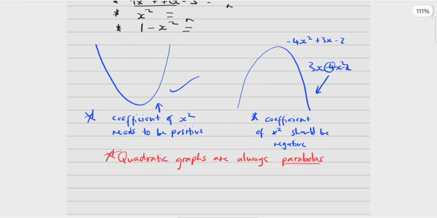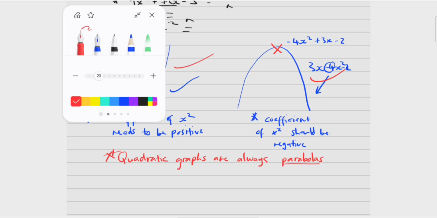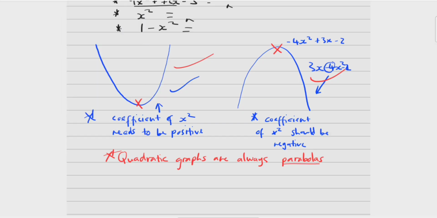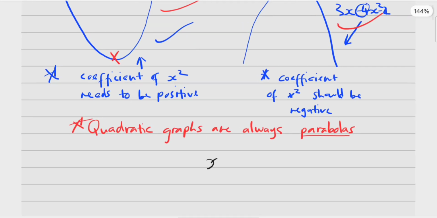And now, if we look at these two, we can see that they have turning points on these graphs. So under this topic, we will be asked to get the coordinates of the turning points in terms of x and y, right?